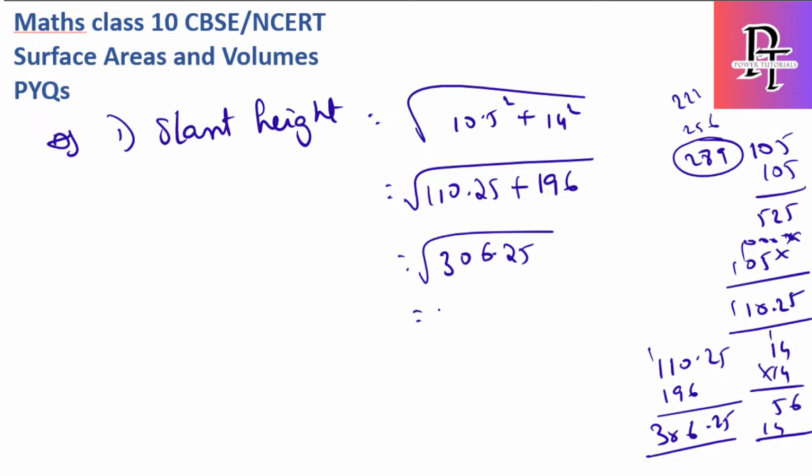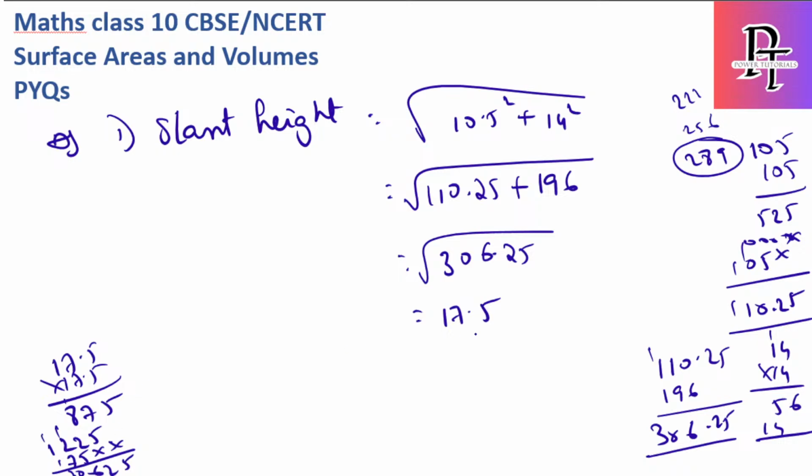So mostly it will be 17.5, but still I'll cross check. 17.5 into 17.5 is 306.25. Yes, it is correct. 306.25 square root is 17.5, which is the slant height of the cone.